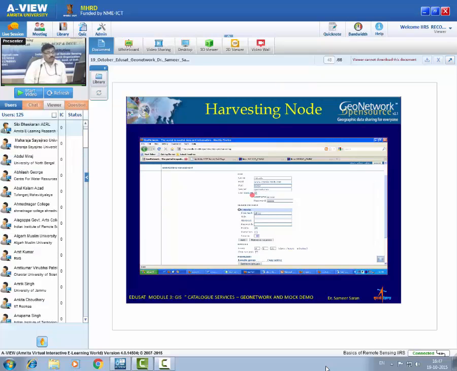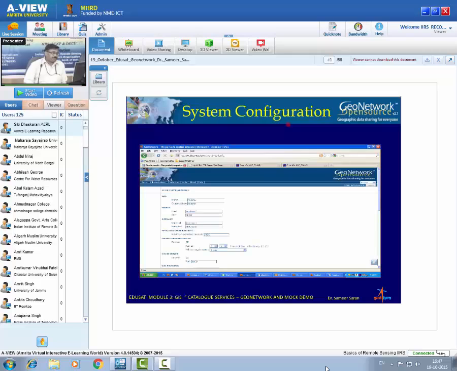Whenever you want to do harvesting, suppose you have connected to 30 nodes, you have to give all the detailed DNS information of the harvesting node in the harvesting section. Once it is available, you have to check the updation. You have to do the updation with the DNS nodes, and once the harvesting is done for all the nodes, you have all the updated information which can be used for searching.